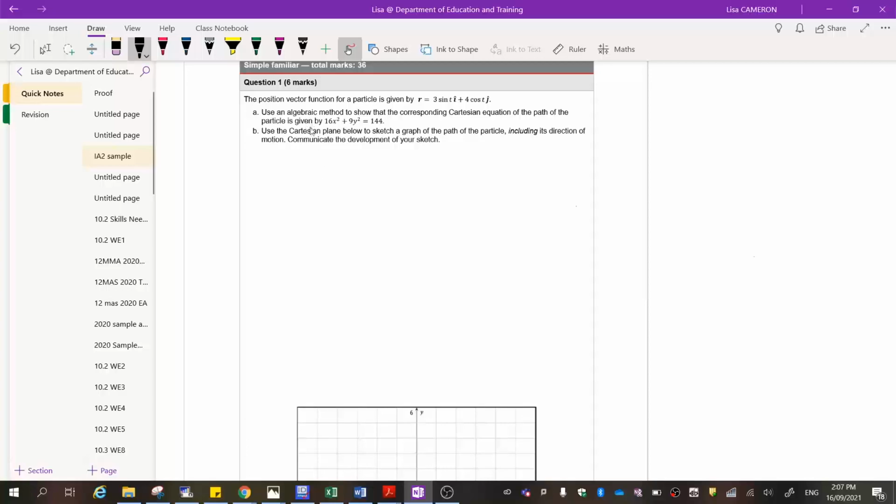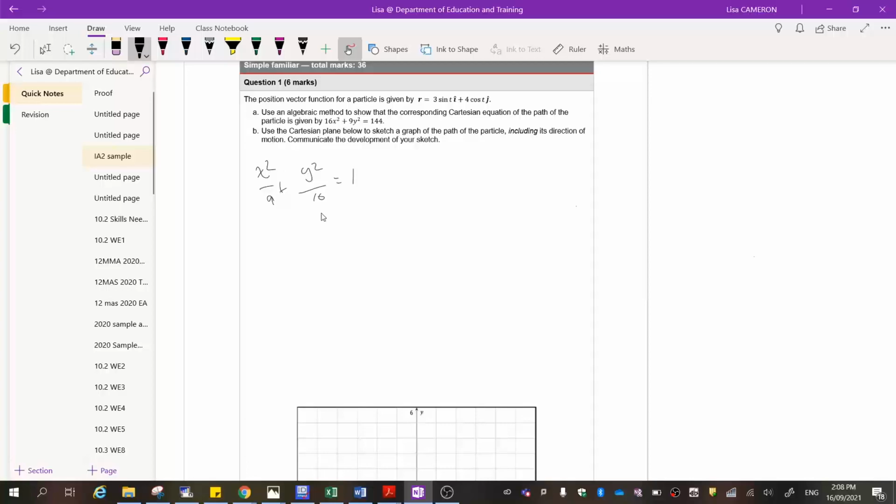We're using a Cartesian plane, which means we're not using this specific model, because this uses i's and j's. We need x's and y's. So from the question before, we'll use the same x squared over 9 plus y squared over 16 equals 1 equation. Then we can use it in a Cartesian form.